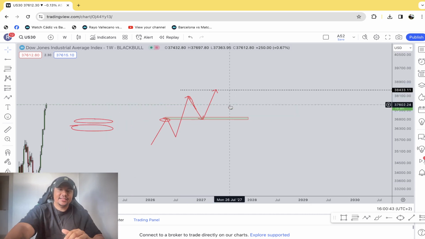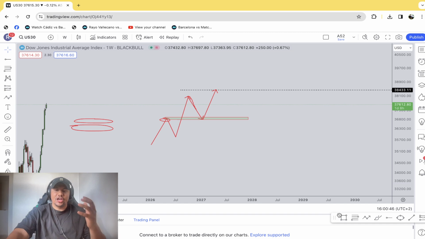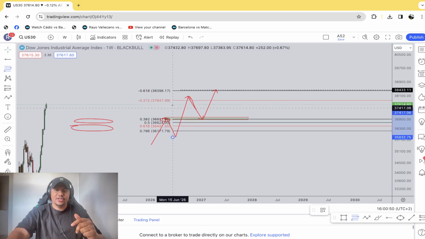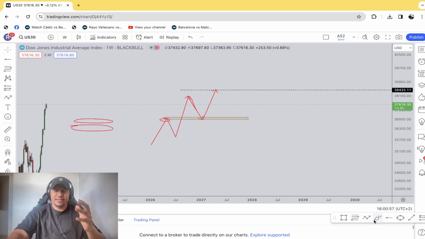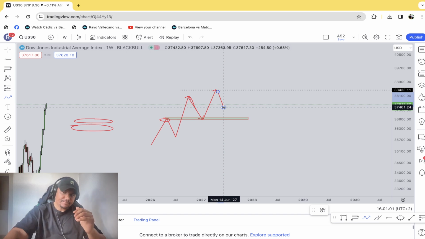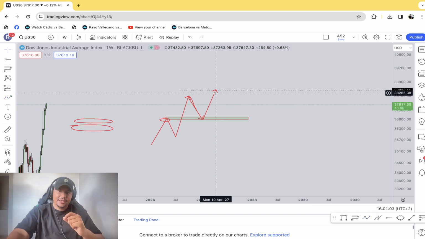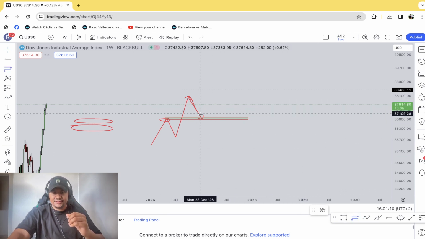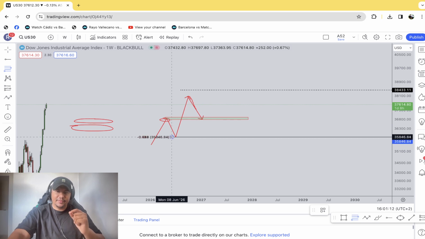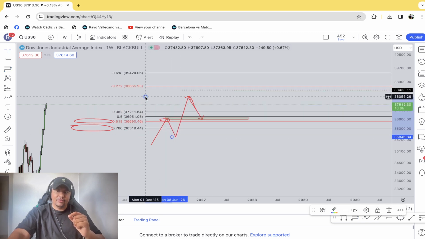Now that is basically the simplified version of how you use it. Remember, to measure a correction in the market, you take your Fibonacci from the low to the high of this impulse. Okay, so in order to measure this correction in the market, you take your Fibonacci from the low to the high of this impulse.